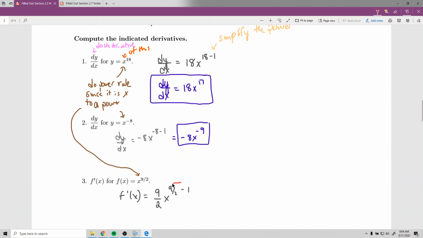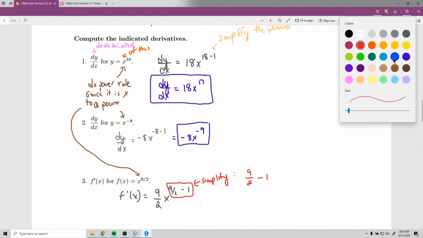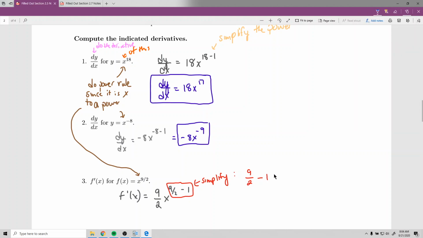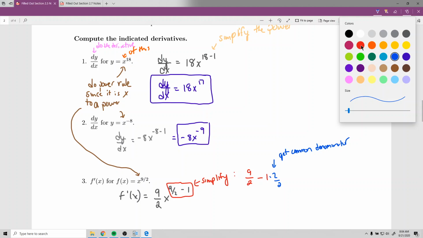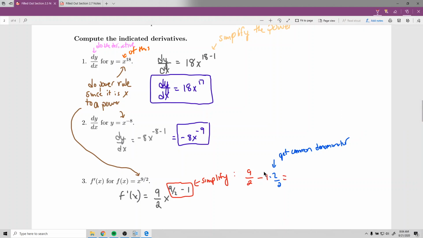But if we want to simplify as 1 power, as one number, 9 over 2 minus 1, we multiply the 1 by 2 over 2, get a common denominator. And then simplify.